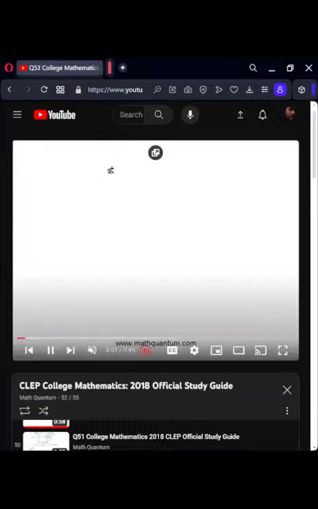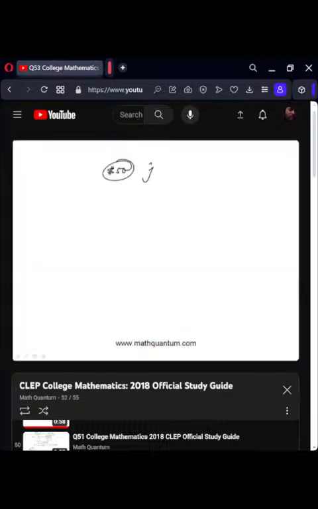We're told that the regular price of a pair of jeans was $50, and this regular price was discounted by X% during the sale, and the discounted price was $30. The question is, what is X equal to? So X% of this would be X over 100 times 50, and we're subtracting that, and the discounted price was 30.